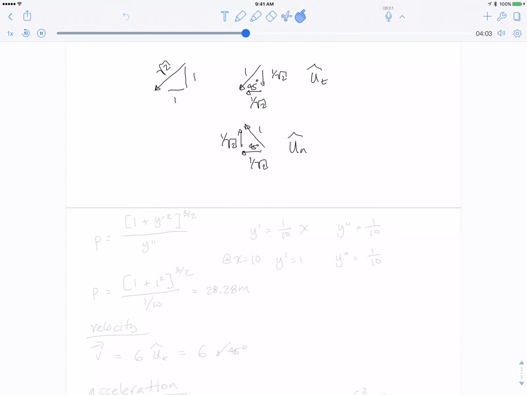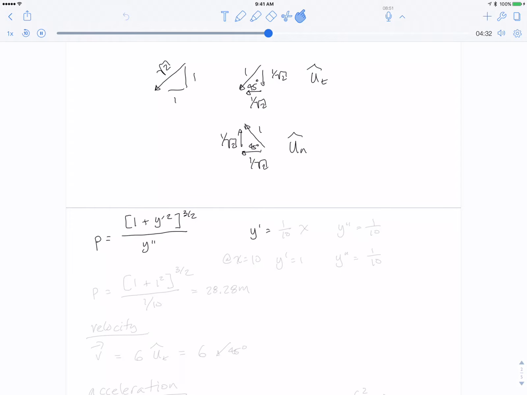So probably the hardest part of this problem is finding the radius of curvature. It's sometimes given, it's not here. And so when it's not given, you're going to have to use what you learned from calculus. And the radius of curvature is given from calculus as 1 plus the slope, which I'm going to do y prime as dy dx, squared, all to the 3/2 power divided by y double prime.